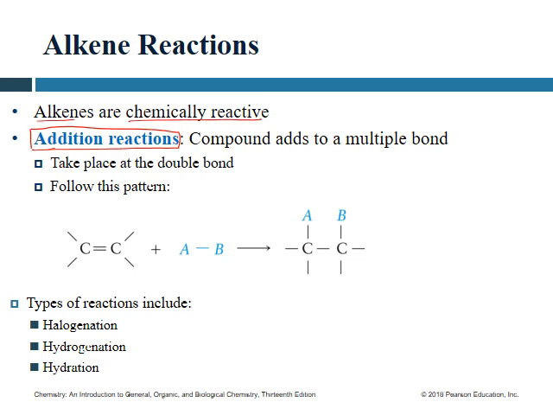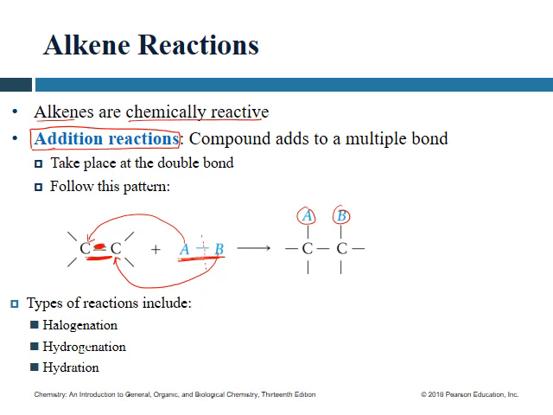So let's take an example. You have a carbon-carbon double bond and you add one molecule of any compound, A bond B, then the bond is going to break. A will go to one of the carbons, B will go to the second carbon, so A and B are attached to both carbons, and one of the bonds is going to break.